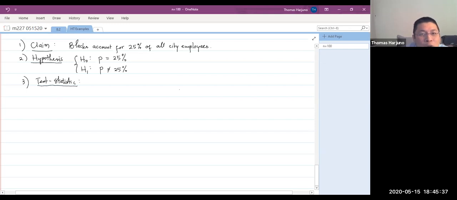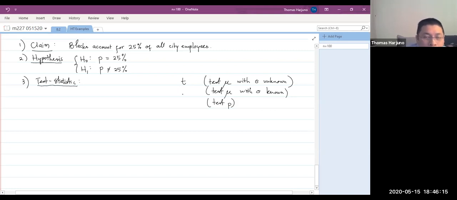The test statistic, now we are not using T. T is when you test the mu with sigma unknown. And we are not testing mu with sigma known. We are testing proportion, testing P. Now, if you look at our confidence interval, which I hope you did your homework, you notice that when we do a confidence interval for proportion, the test statistic is standard normal distribution, the same as the critical value we use when we construct a confidence interval for mu with sigma known.